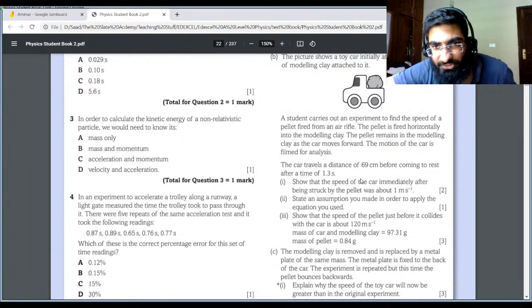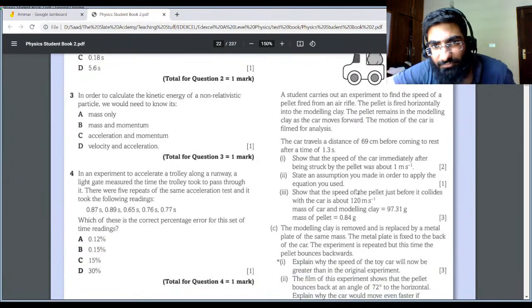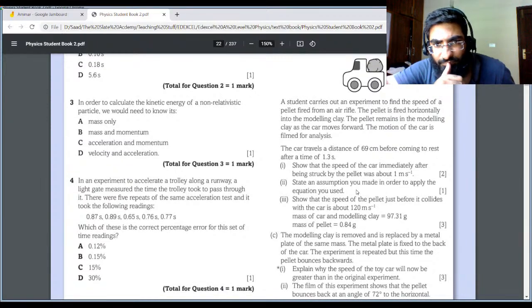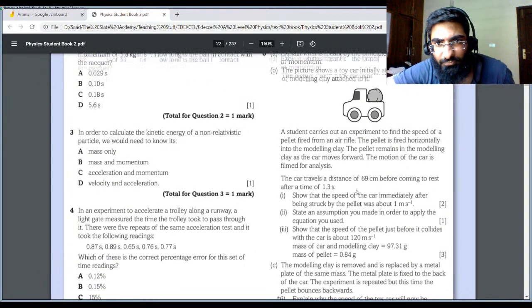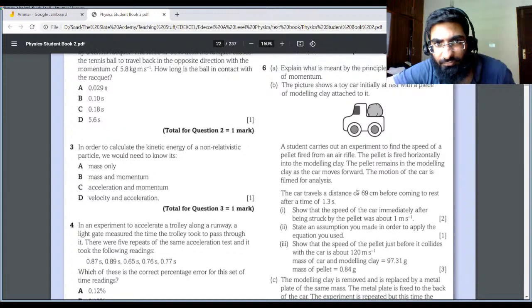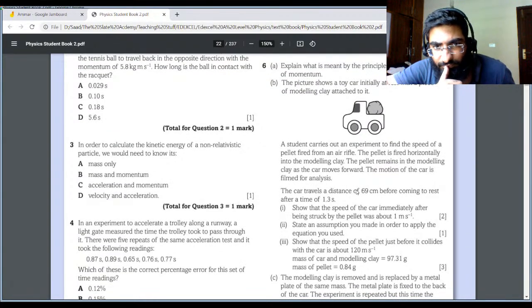The speed of the car immediately after being struck by the pellet is 1 meter per second. Can you show that? Okay, wait, let me actually try.